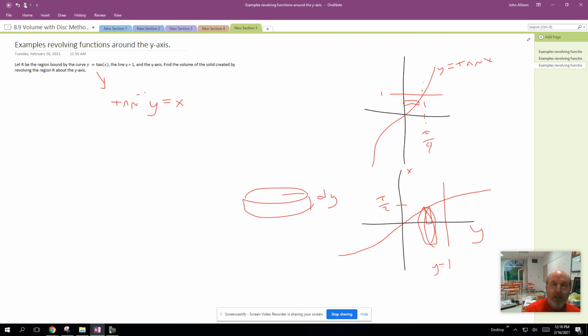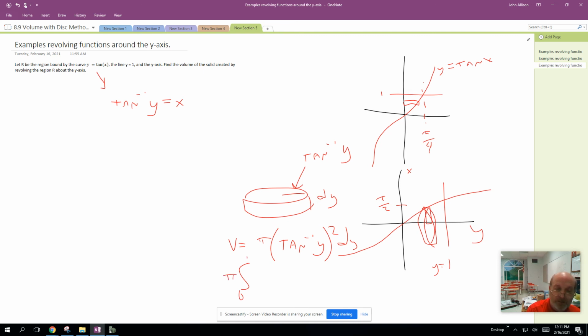The radius this time is tangent inverse y. So now we're going to write the expression for the volume of one cross section there. We're going to get pi times the radius squared, which is tangent inverse or arctangent squared, times dy. Then we're going to integrate that from y equals 0 to 1.